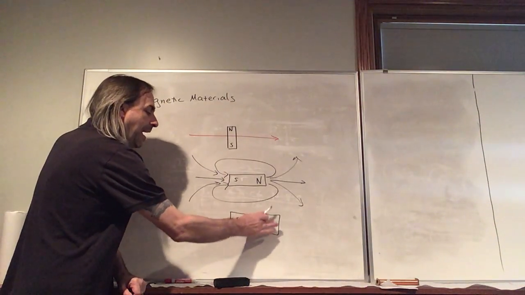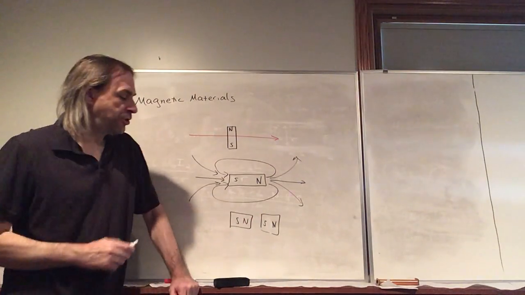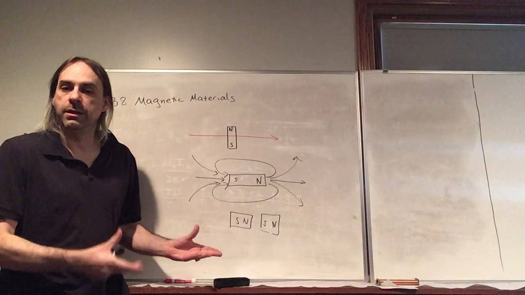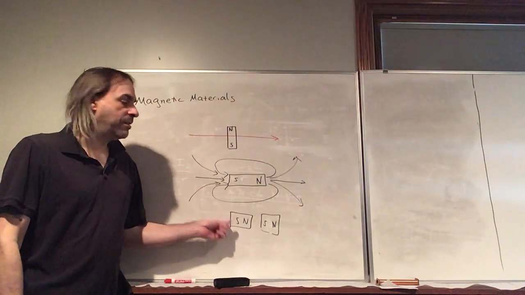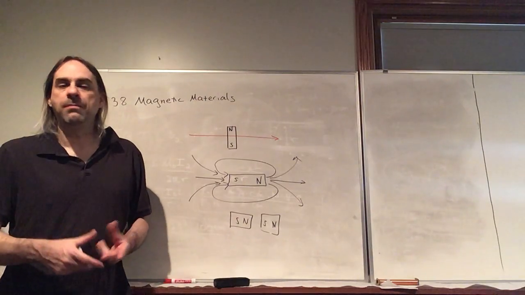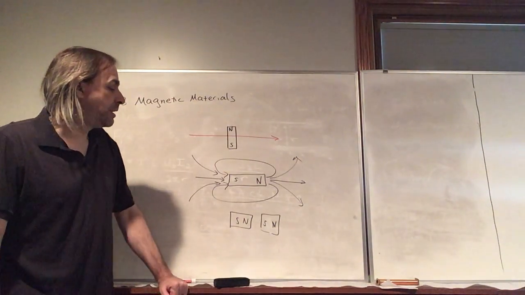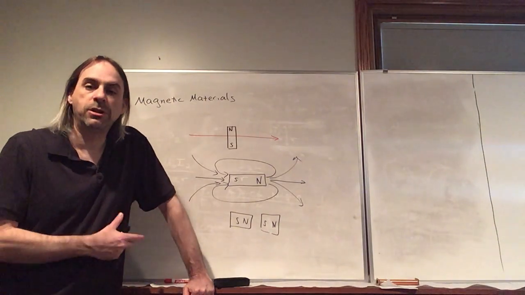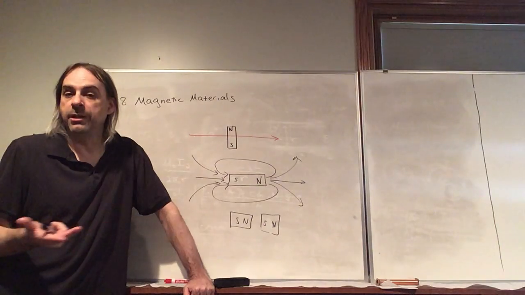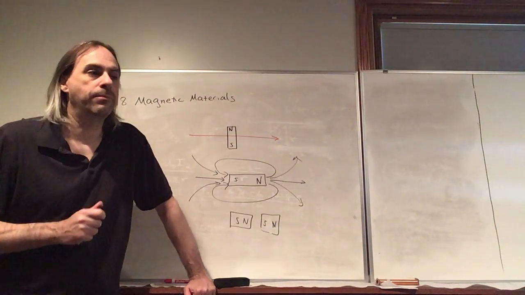When you cut it in half, it forms two dipoles. You can cut this in half again and again and again, and ultimately you get down to an atomic level where an atom itself acts like a dipole. And so as far as we know, there's no such thing as a magnetic monopole. Mono meaning one, so you'll never find a magnetic monopole in nature.